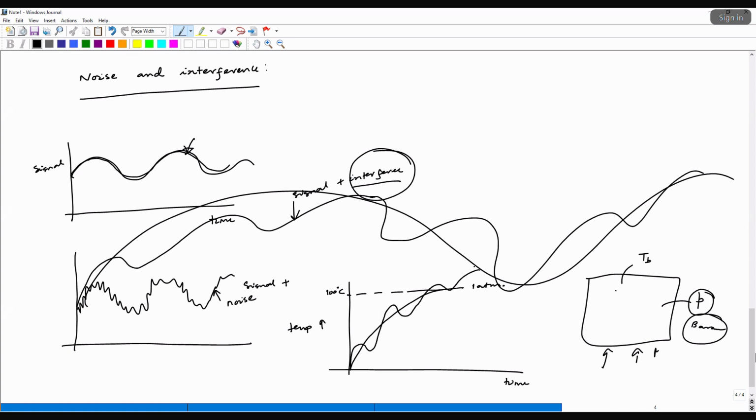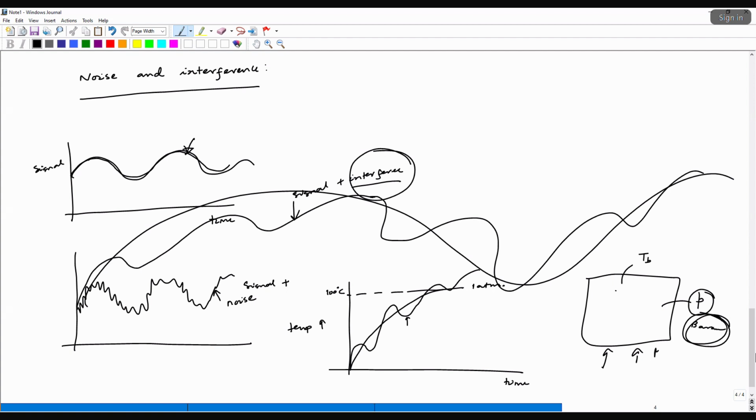So you can say that your barometer is affected by interference. Whereas the noise in the data would be quite localized, and interference basically comes with the superposition of another signal of either higher or lower order.